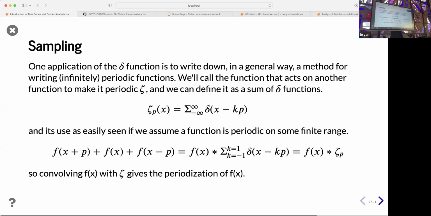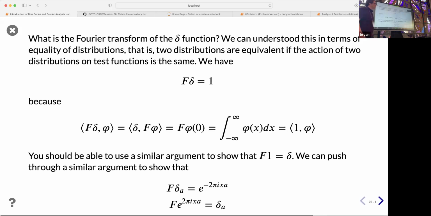So, sorry, is there a question? Why is this? Yeah, because there's an unstated step, let me go back for a second.